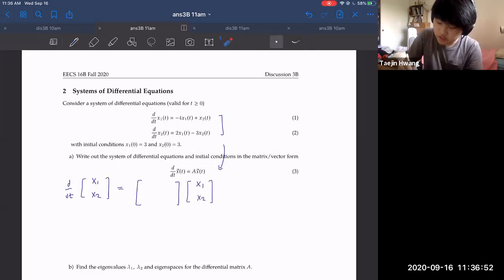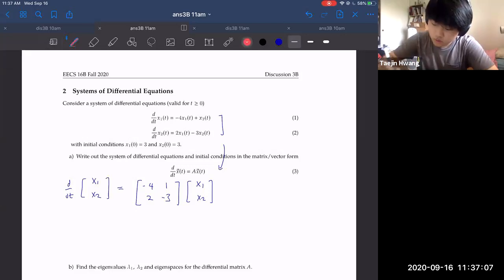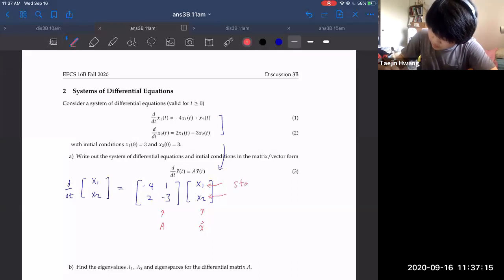To get this matrix, we just have to look at these individual equations here. This should be similar to what you've seen in 16A and Math 54, where if you have a system of equations, we can just put that into a matrix. So this is going to be our A, this is going to be our vector x, and these variables are the states.